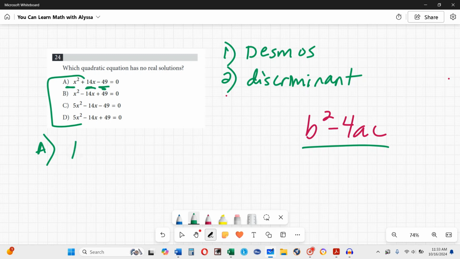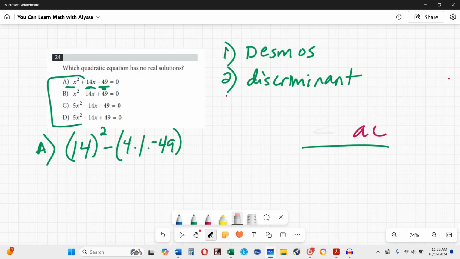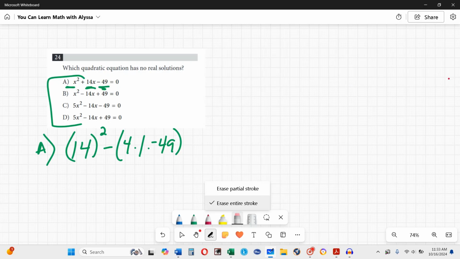All right, so for b squared, we have 14 squared minus 4 times a times c. Okay, then I'm going to redo this just a little bit. I'm going to put up here b squared minus 4ac.